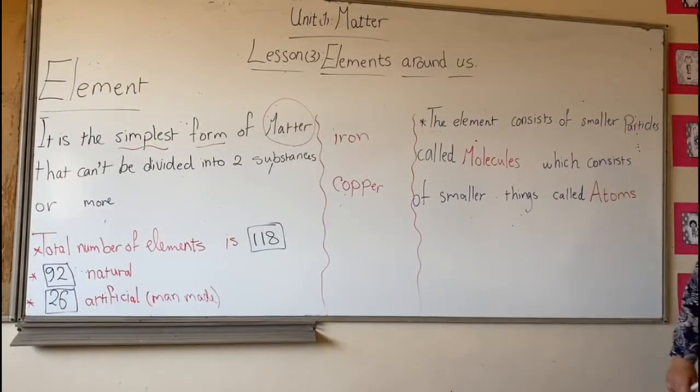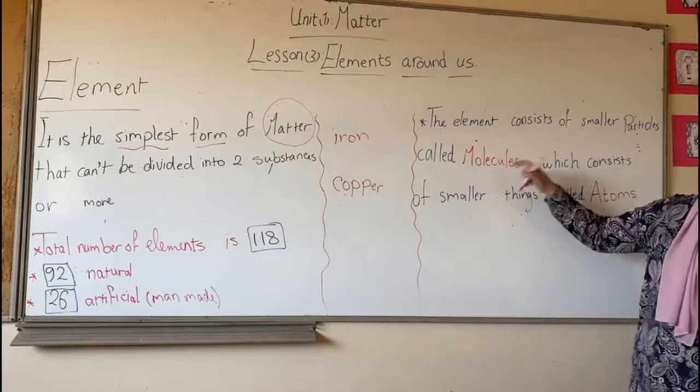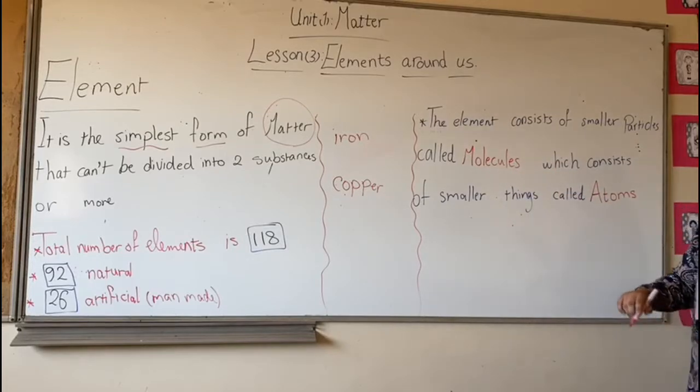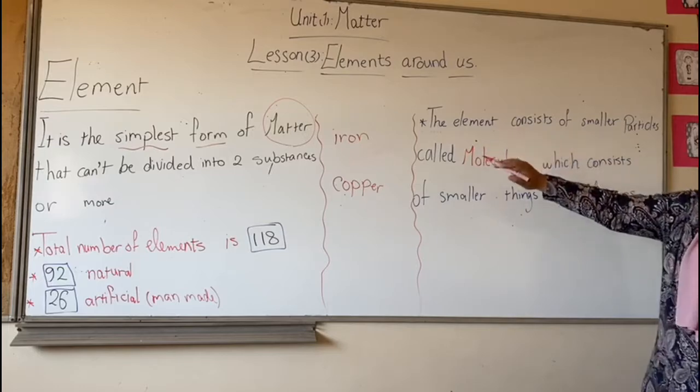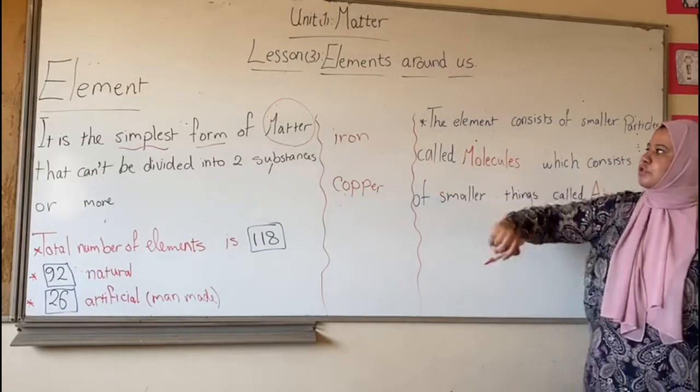As we said before, matter consists of small building units called molecules. Now we will repeat this part but with element, because element is the simplest form of matter.